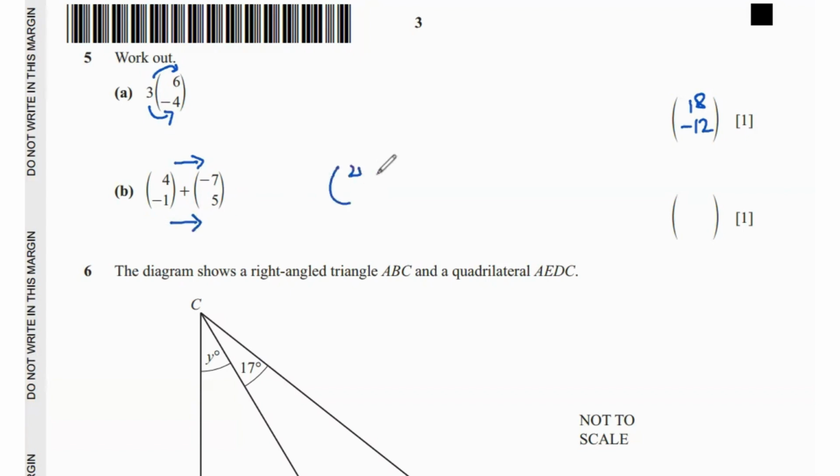So that's going to be 4 plus negative 7 and negative 1 plus 5. When we're adding a negative integer to a positive integer, we're basically subtracting them. So 4 minus 7 is negative 3 and negative 1 plus 5 is 4. Negative 3 and 4.